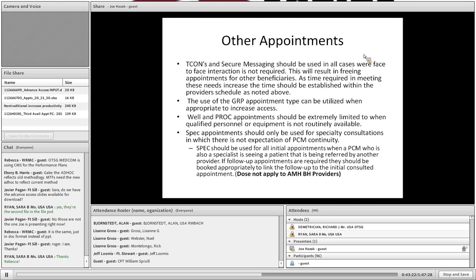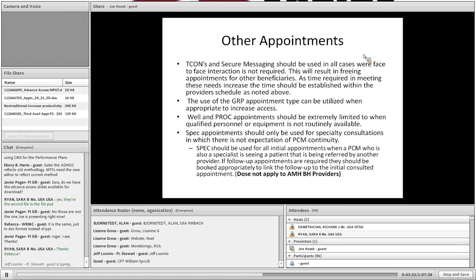The only reason I bring up specialty appointments is because we have several facilities, and pediatrics is the big department, where they have pediatric subspecialists or just the pediatricians that also do a good portion of their time as specialty consultants. So in those clinics, one, their referral capability has to be turned on, and two, to separate their specialty workload from their primary care workload when they are also a PCM, which is the only time this would apply, you would use spec appointments.